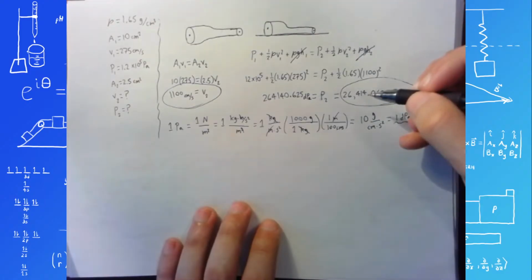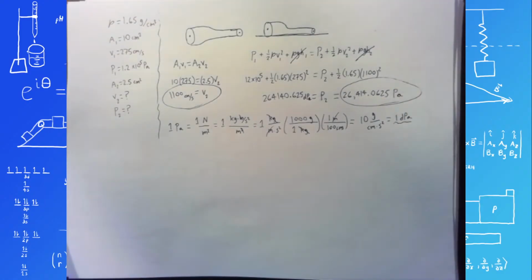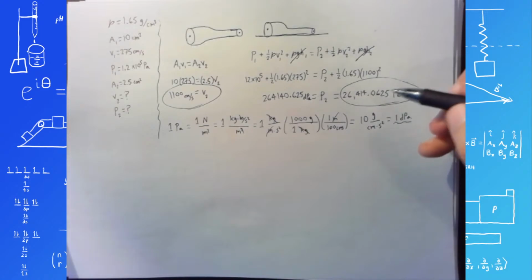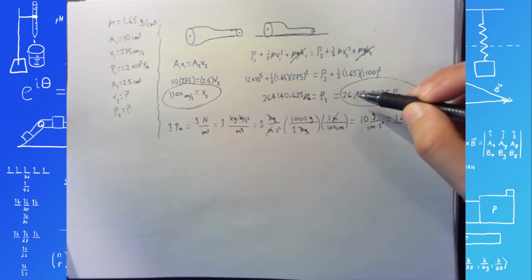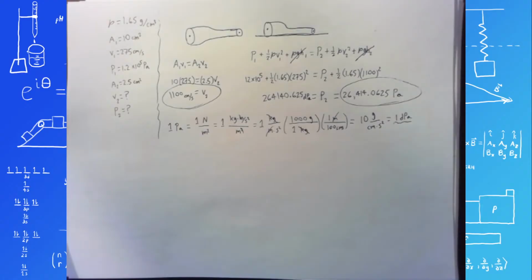No, wait. It would be times 10 to the 4, right? Am I counting these correctly? 2.64, yeah, times 10 to the 4 is what it would be. 2.64 times 10 to the 4 pascals. No, it's times 10 to the 5. Should have gone with my gut.